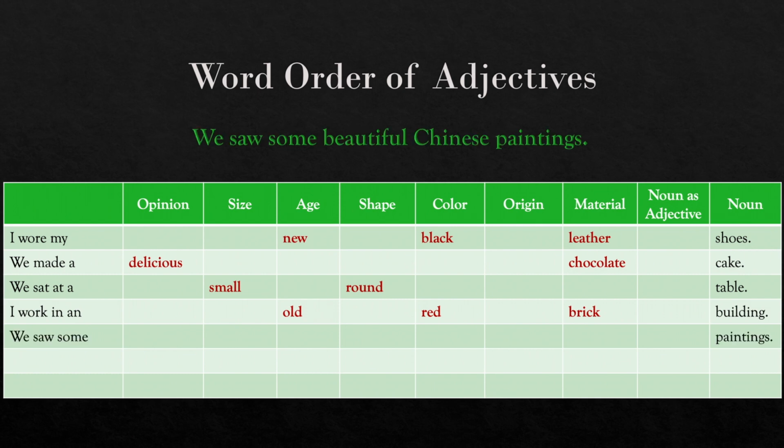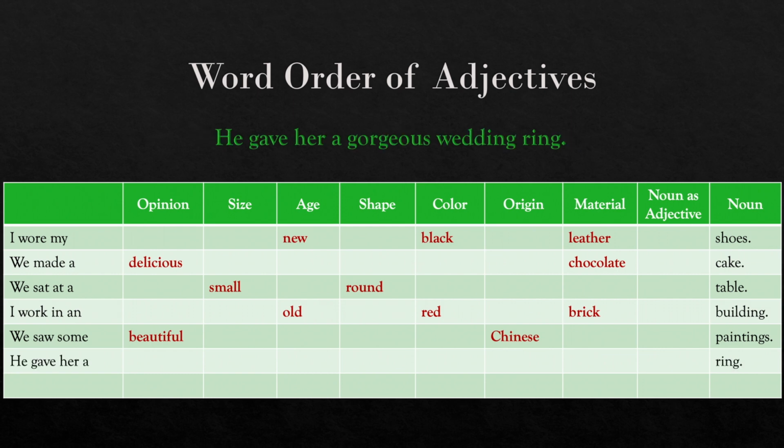We saw some beautiful Chinese paintings. Again, beautiful is an opinion, so it goes in the first column. And Chinese is where the paintings come from, so it goes in the origins column. It's where the paintings originate. He gave her a gorgeous wedding ring. Nice.